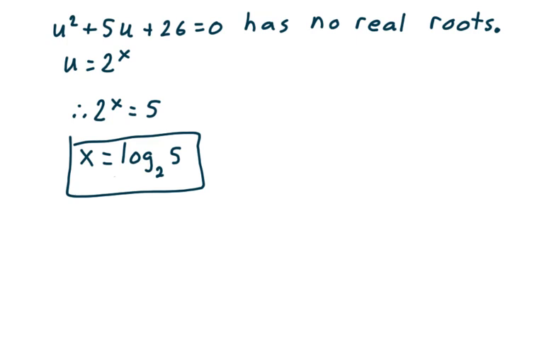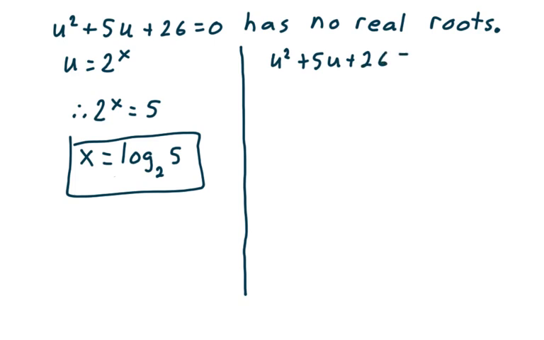Now, let me pull you off to the side for a second and explain that. So u squared plus 5u plus 26 is equal to 0. So notice a is equal to 1, b is equal to 5, and c is equal to 26. b squared minus 4ac.